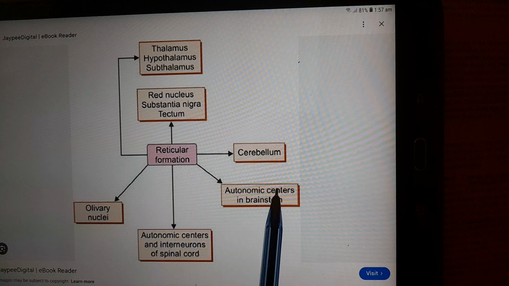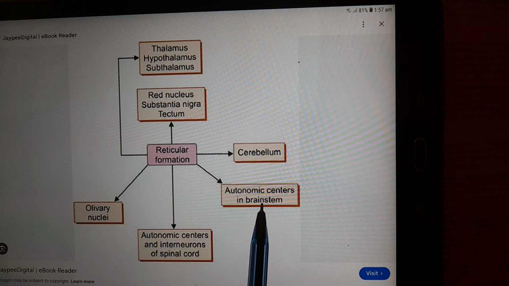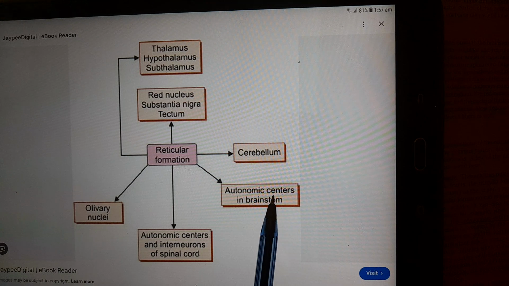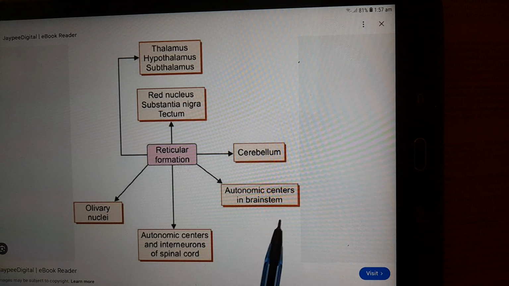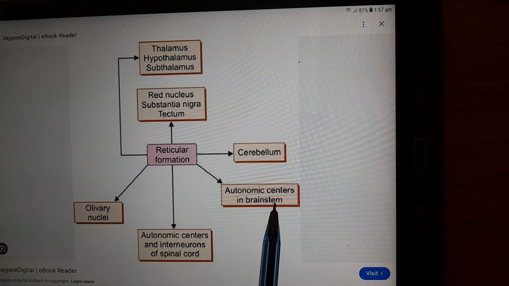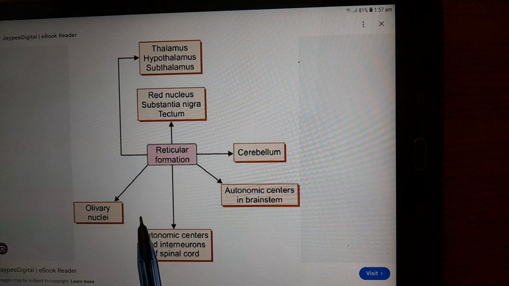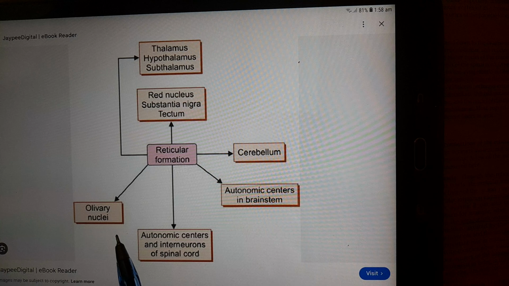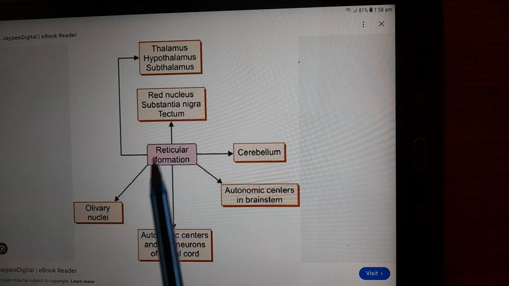After that, we have the autonomic centers in the brain stem, and these fibers are going to be craniosacral outflow. Cranium is like the cranial region, the head and neck region, and sacral is going to be in the sacral vertebra region. It can be in the brain stem, but after that, the parasympathetic fibers come in the craniosacral region.